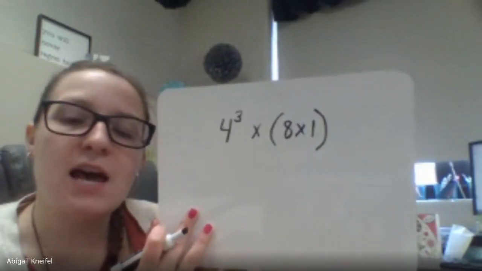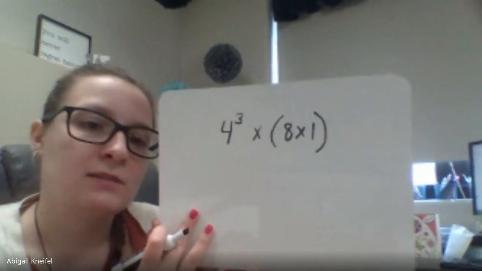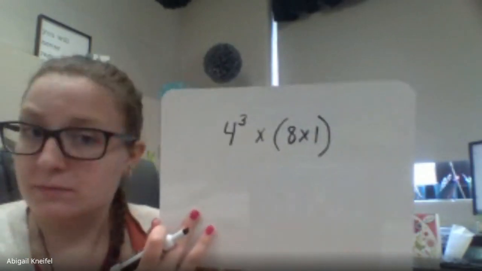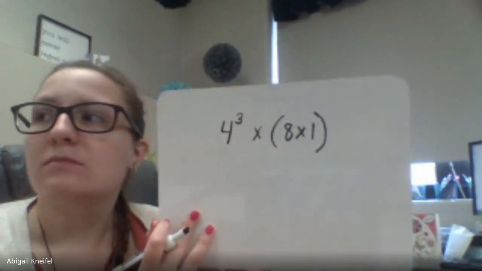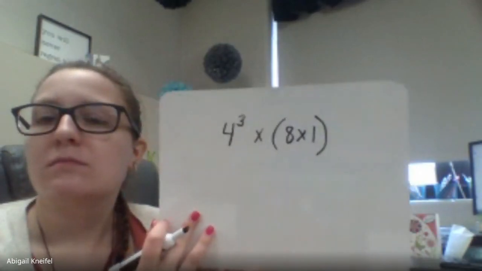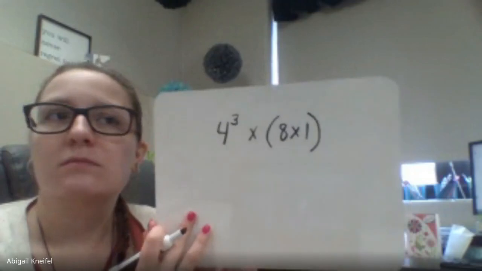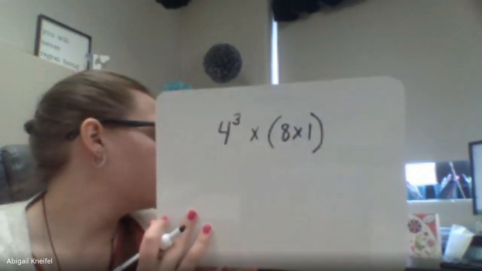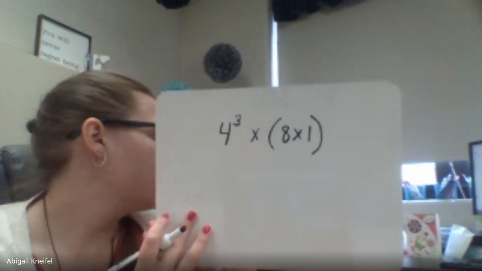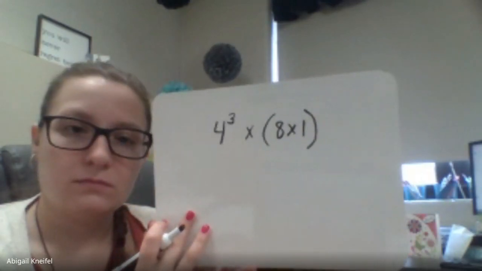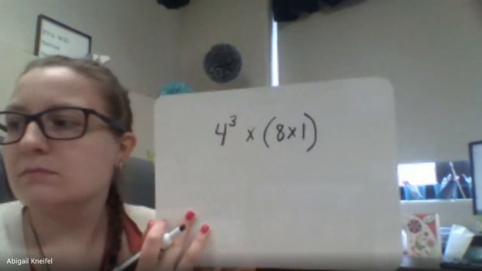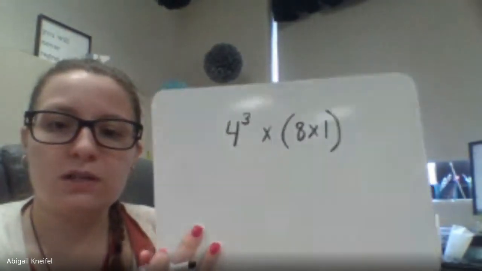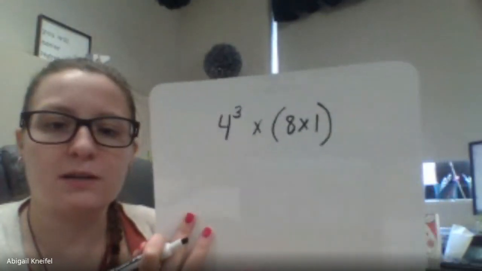First is parentheses, then exponents. 4 to the third times 8 times 1.